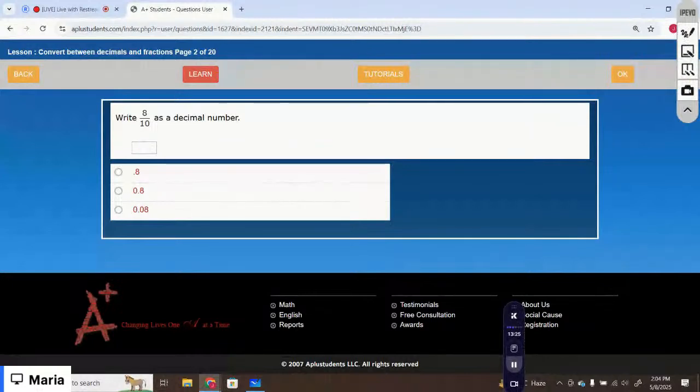Right? 8 over 10 as a decimal number. So which is the correct option?